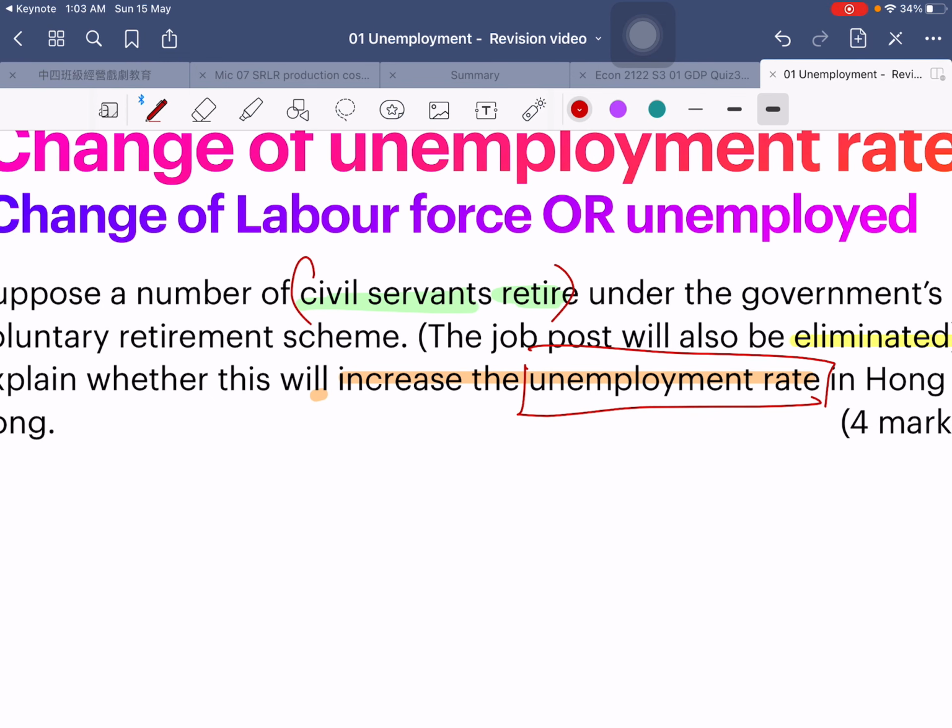Civil servants retired. After their retirement, they are not unemployed, right? They are not willing to work anymore. They will become non-labor force. Before that, they are labor force, and they become non-labor force. That means labor force will decrease.